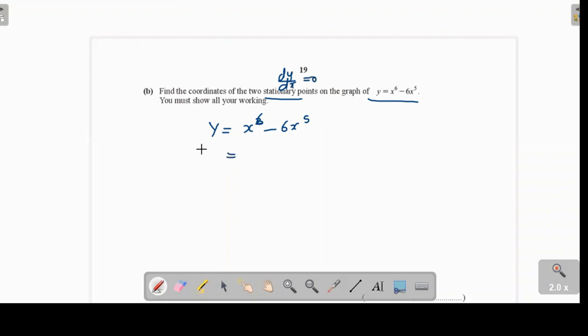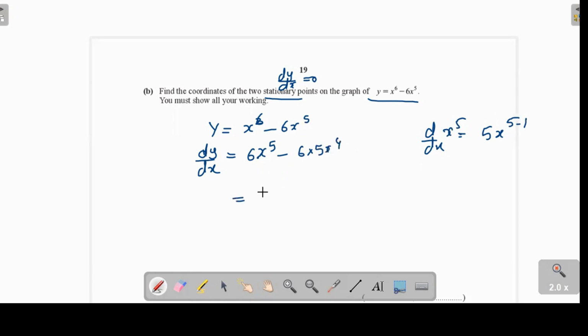Therefore, we find dy over dx. The derivative of x^6 is 6x^5, minus 6 into the derivative of x^5. You know that the power becomes the coefficient and we reduce the power by 1, so 5 minus 1, that is equal to 5 into x^4.